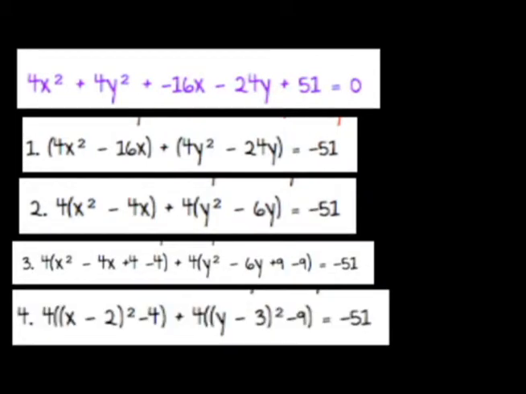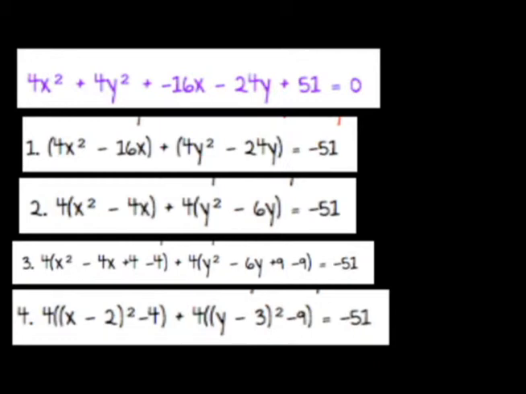Next, we know that x squared minus 4x plus 4 is equal to (x minus 2) squared, and y squared minus 6y plus 9 is equal to (y minus 3) squared. Don't forget that there is negative 4 and negative 9 at the back, because now we're going to distribute the 4.